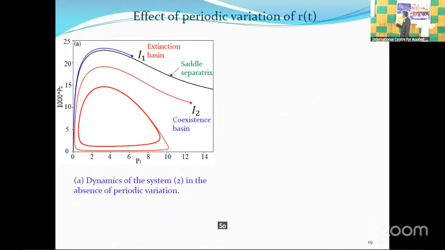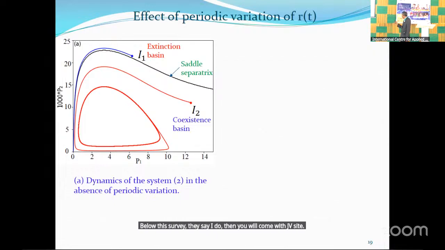So this is the saddle separatrix that separates the two basins: above this saddle separatrix is the basin of extinction, and below the separatrix is the coexistence basin, or basin of the limit cycle. If you consider any initial value, say I1, above the separatrix, then you will arrive at this extinction state. And if you start with any initial value below this separatrix, say I2, then you will form this limit cycle.